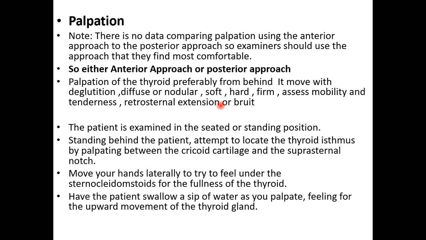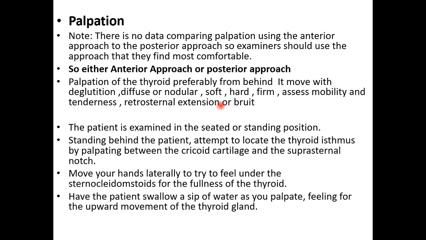The patient is examined in the seated or standing position. Palpation also you can do in the sitting or standing position, and you have to stand behind the patient. So you stand behind the patient and attempt to locate the thyroid isthmus by palpating between the cricoid cartilage and the suprasternal notch.